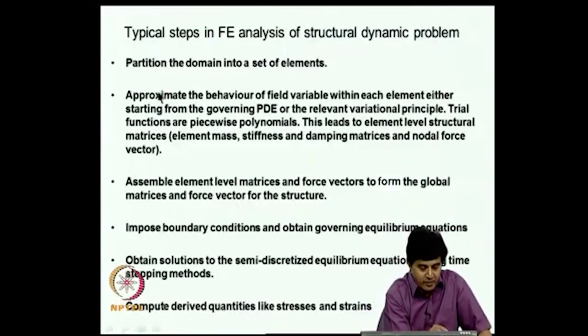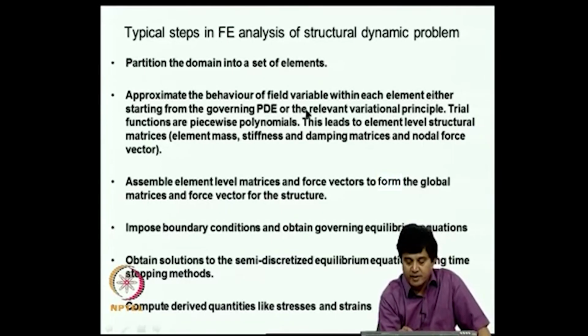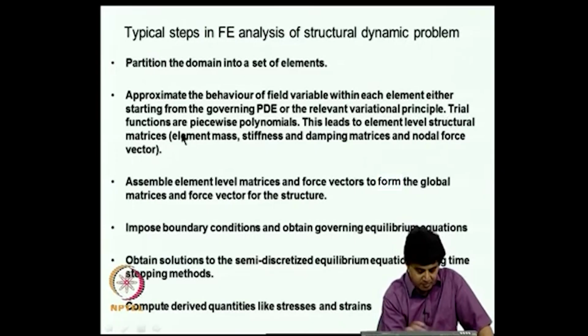So, we partition the domain into a set of elements, then we approximate the behavior of the field variable within each element, either starting from the governing partial differential equation or the relevant variational principle if it is available for the given problem. We use trial functions which, as I said, are piecewise polynomials. This leads to element level structural matrices.